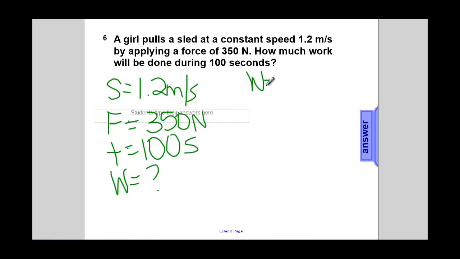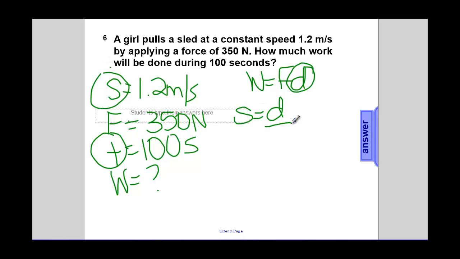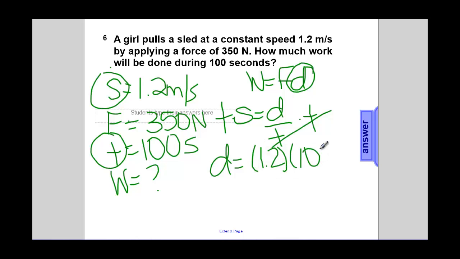So we know work equals force times distance, and the given that we're missing is our D. But we're given speed and we're given time, and if we recall, speed equals distance over time. So to get D, we're going to use that equation. So to get D by itself, we multiply by T on both sides. So now we have D equals 1.2 times 100, which is going to give us 120.